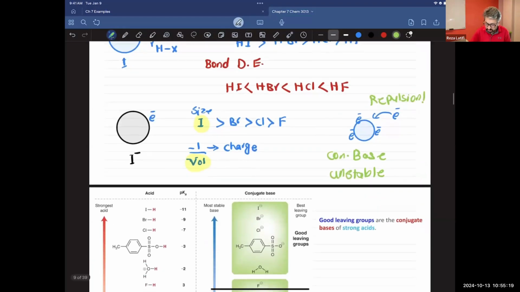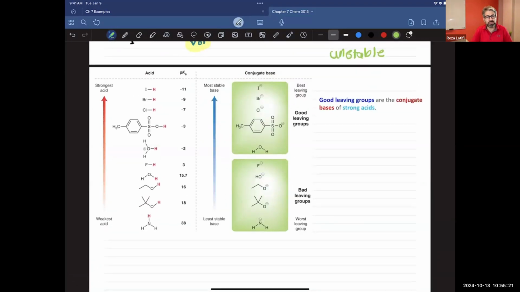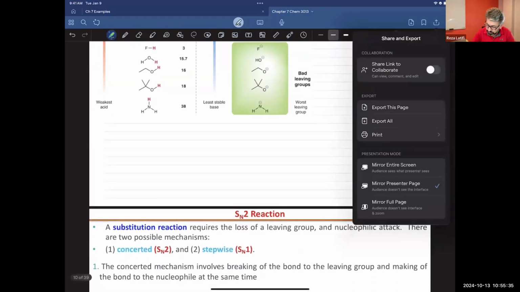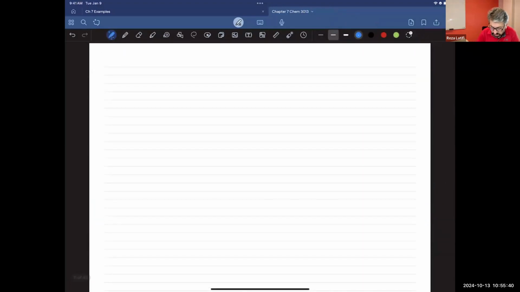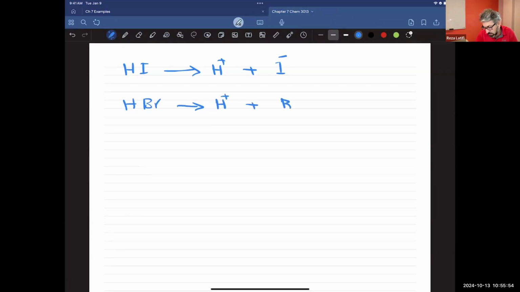Okay. So here, based on this table, as you see, acids that have lower pKa's are going to give us the best leaving groups. For example, HI is going to give us H plus and I minus, or say HBr will give us H plus and Br minus.